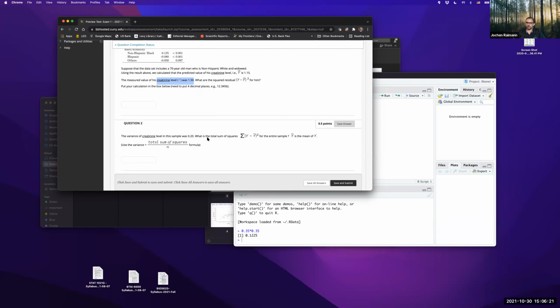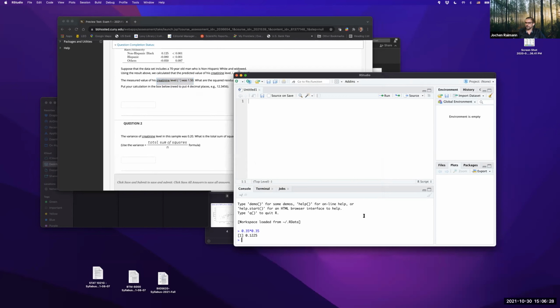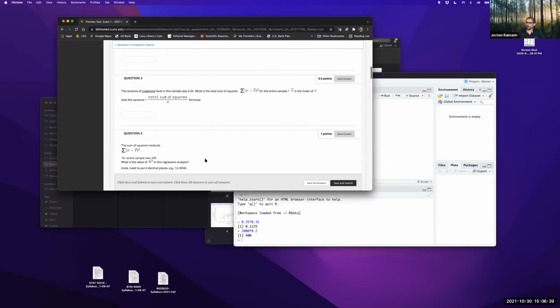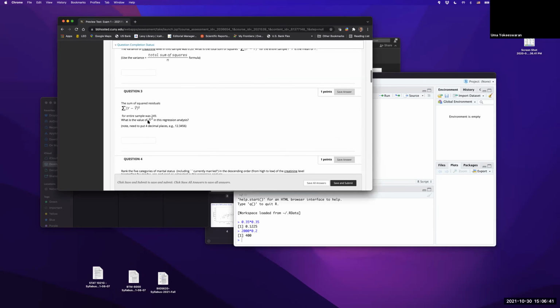So then calculating the total sum of squares is not really that difficult. You just need to multiply the variance by n, so this essentially gives you 2000 multiplied by 0.2. That would be 400. The sum of squared residuals, now it's getting, yes.